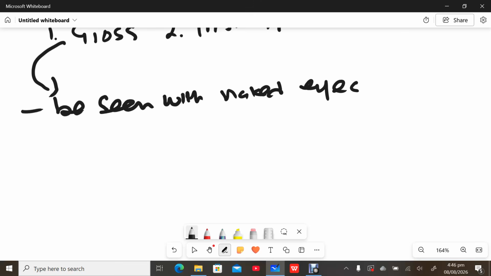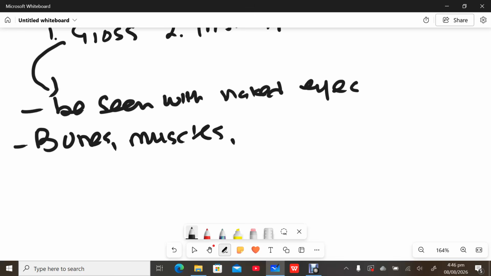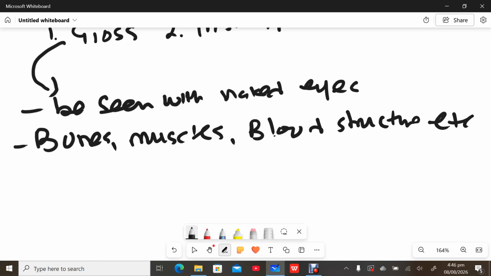So let's name different structures that you are able to see with the naked eye. For example, you can see bones, muscles, blood vessels, and organs, which are very important.